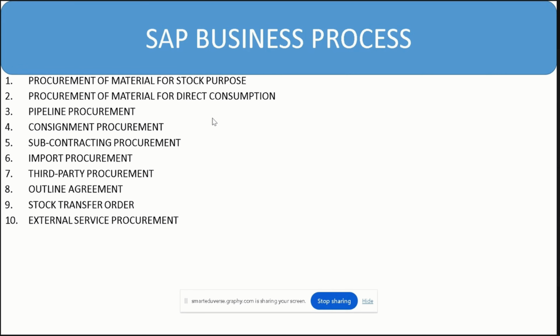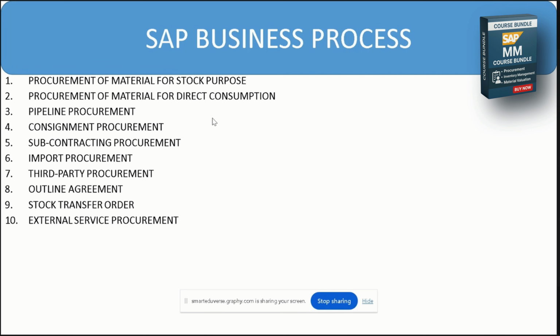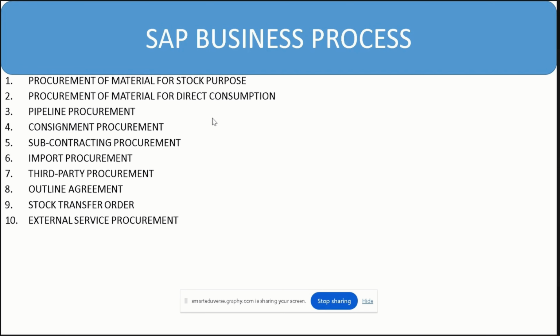So you purchase a service: someone comes and paints that machine, or does the preventive maintenance of the machinery. You have to reach out to the service provider and they will give you the service. In that case you are purchasing a service from outside, and that is basically called external service procurement.